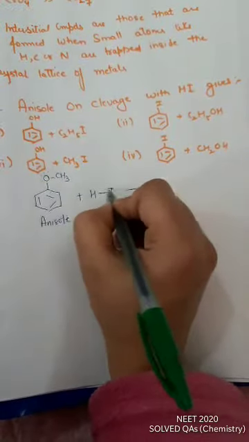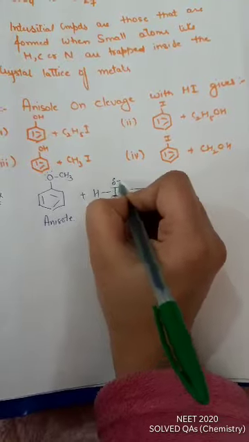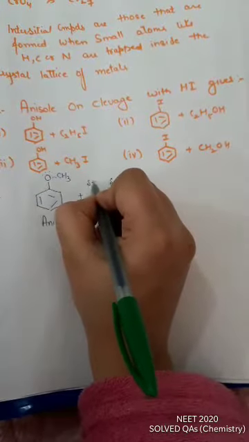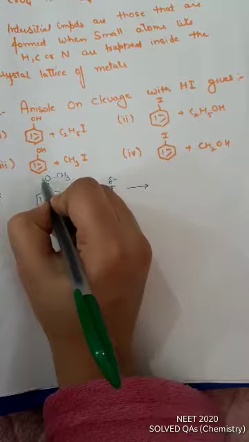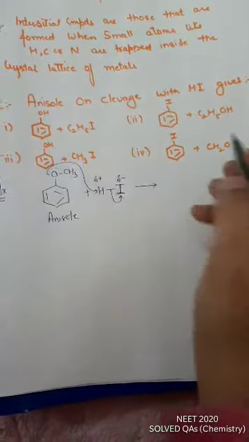Iodine is an electronegative atom, so it will attain a delta negative charge, and hydrogen will attain a delta positive charge. The oxygen will react with this hydrogen and the electrons shift towards the iodine.